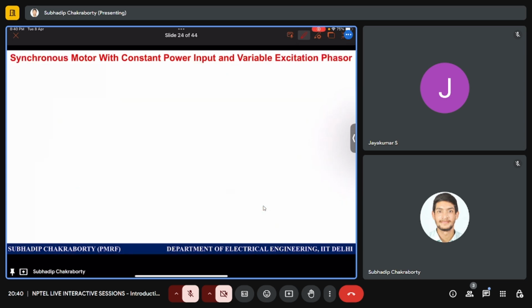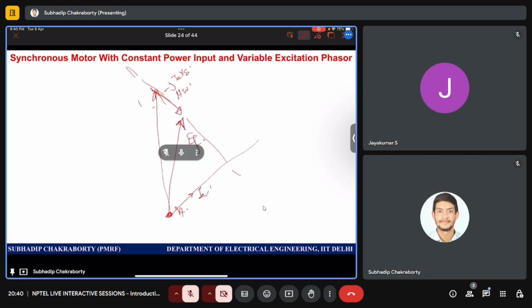Now let us go to the motor. So motor you can draw it, right? Simple. You do the same thing, VT minus IA RA, so minus jIA XS, right? So this is minus jIA XS. So this is EF. All the conclusions will be just dual of that.